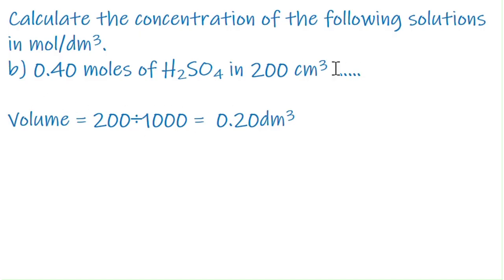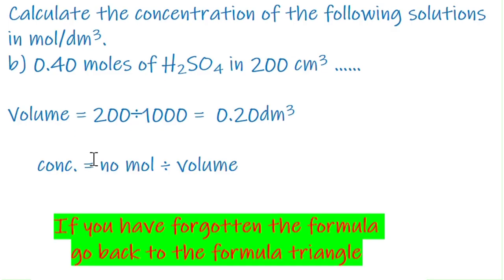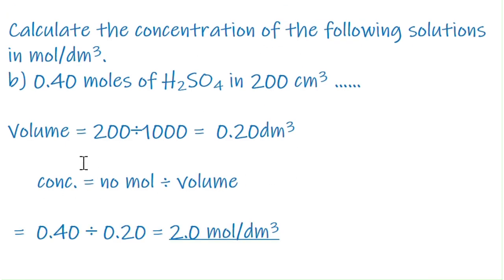From the previous question, we established concentration is number of moles divided by volume. We sub in the numbers from the question. 0.4 divided by 0.2, 2 moles per decimeter cubed.